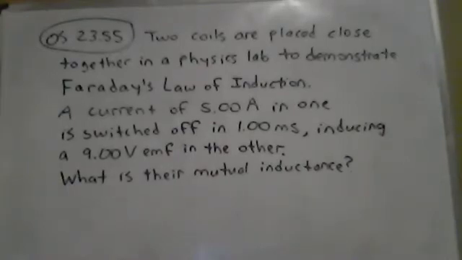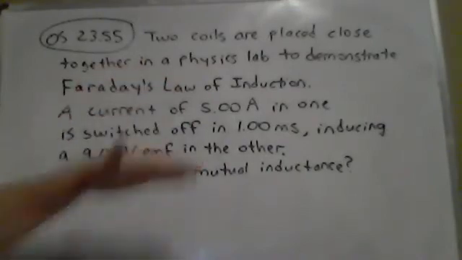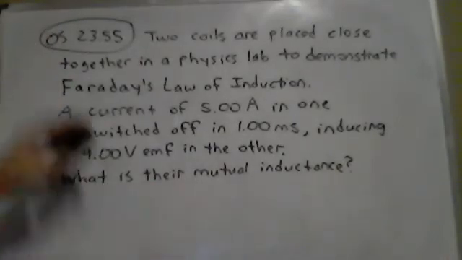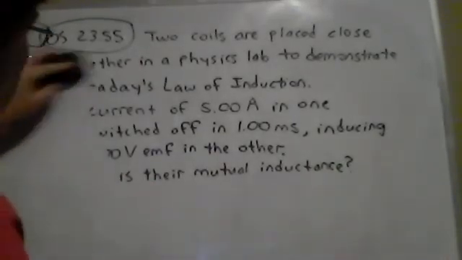All right, so the current is changing. It's going from 5 amperes to 0 in 1 millisecond. That's what we'll call coil 1. Inducing 9.00 volt EMF in the other. We'll call that epsilon 2. What is their mutual inductance? All right, so I'm going to erase for real estate purposes.